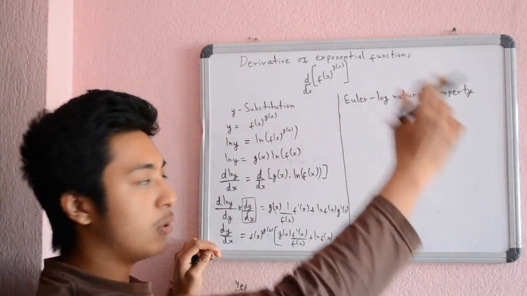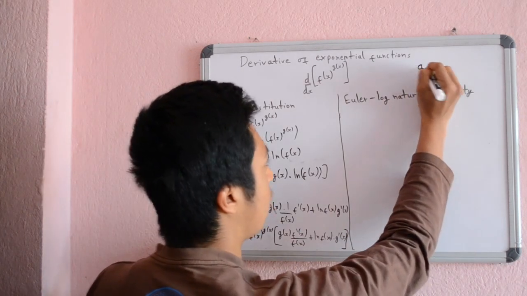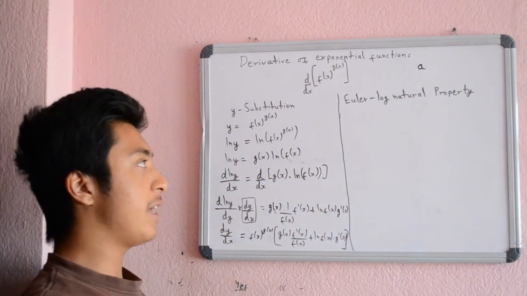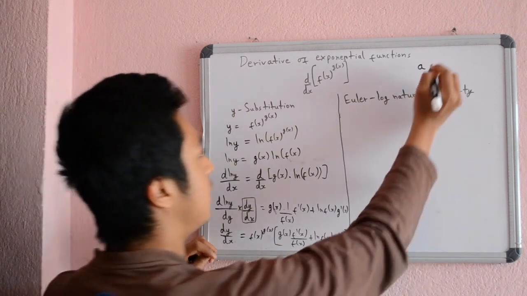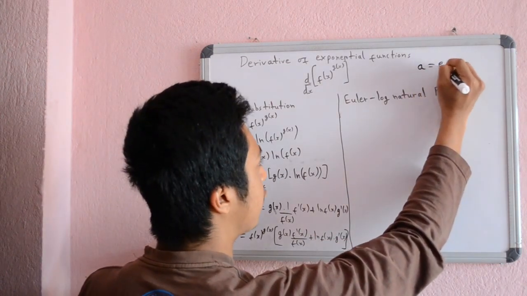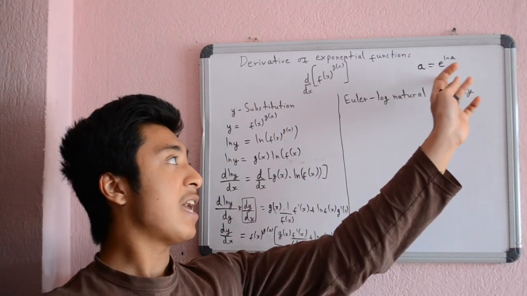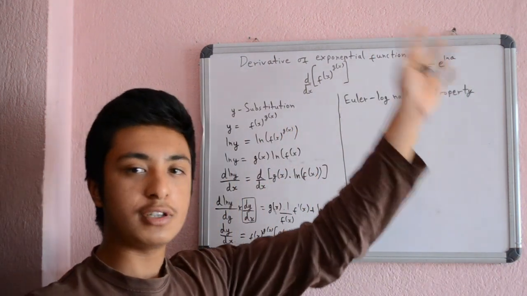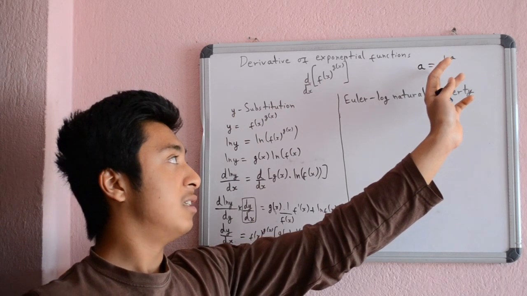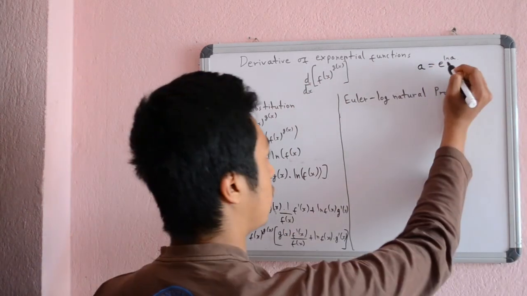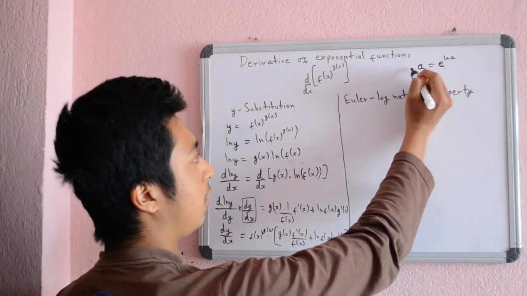For this property you will have to know that, let's say you have a number or variable a, constant, it doesn't matter. This a equals e to the power of log natural of a, because e to the power x and the log natural function are inverses of each other, and when they're together they cancel each other out, giving us the variable back.